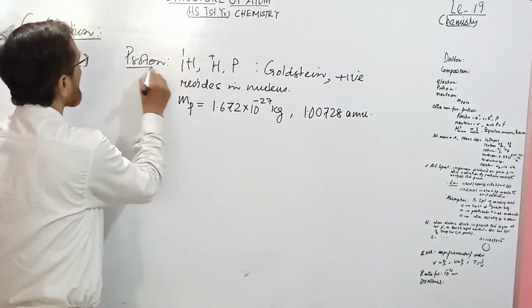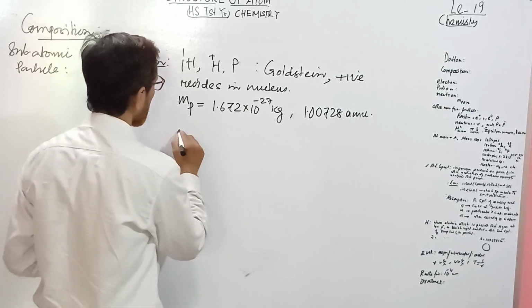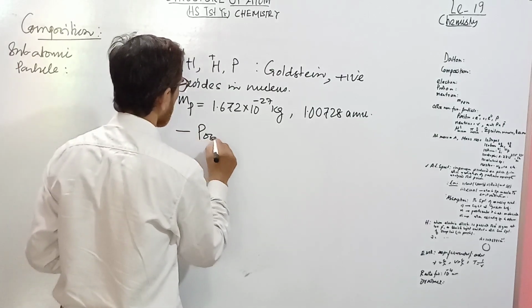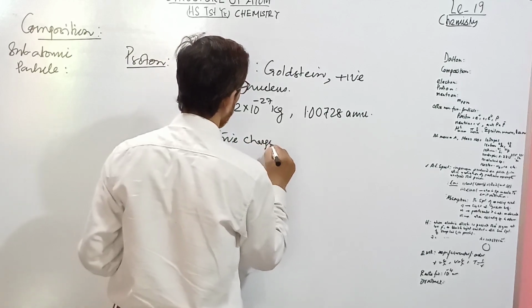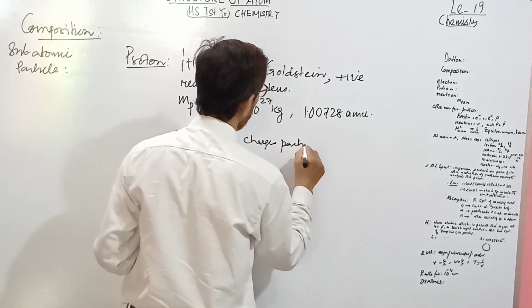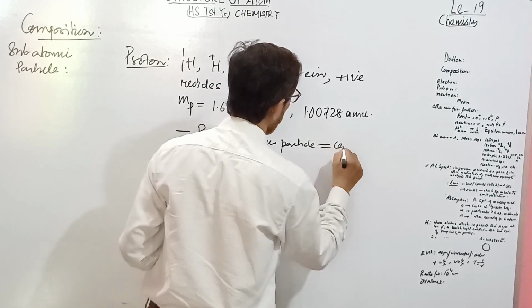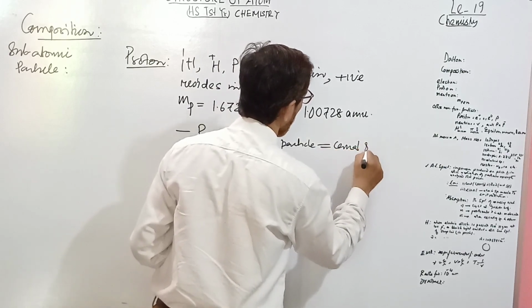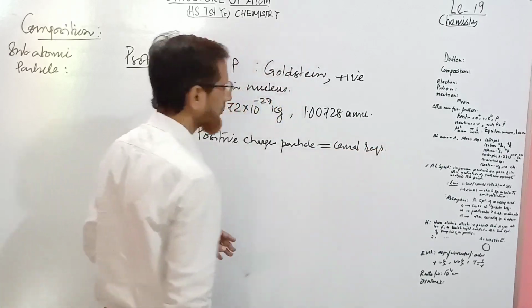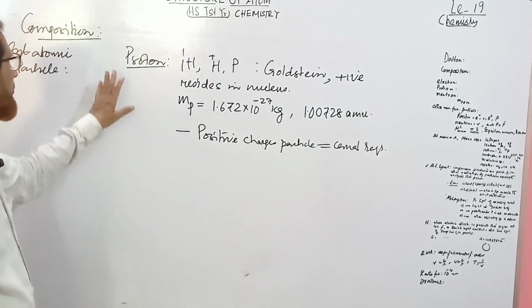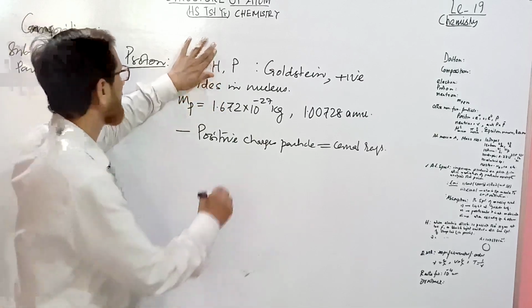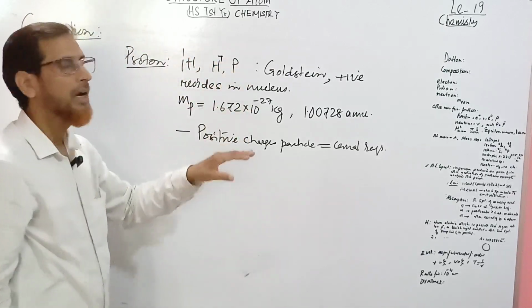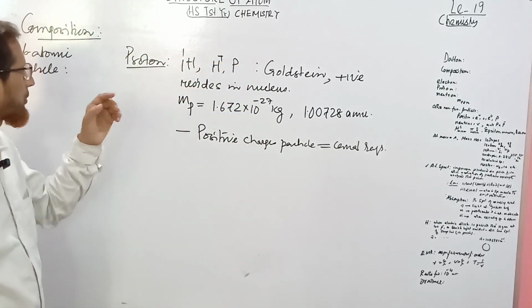Very simple information regarding protons: the proton may be designated as 1H1 or H plus or simply P, and it was discovered by Goldstein.